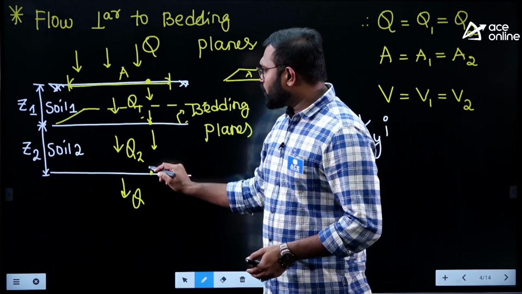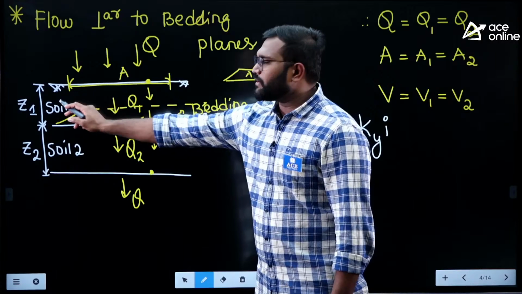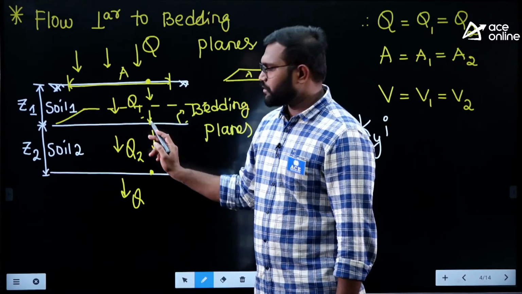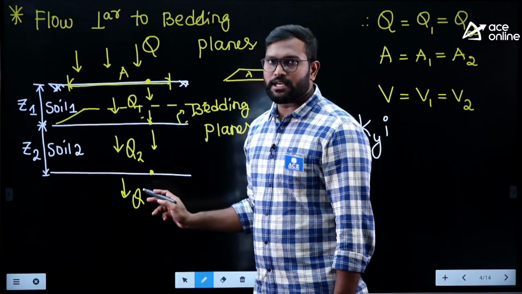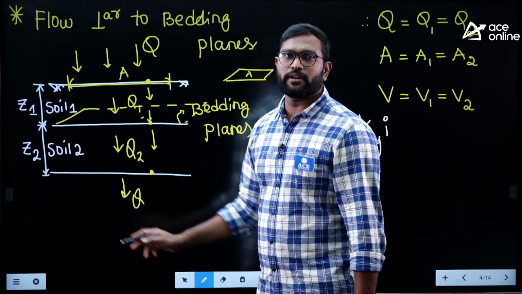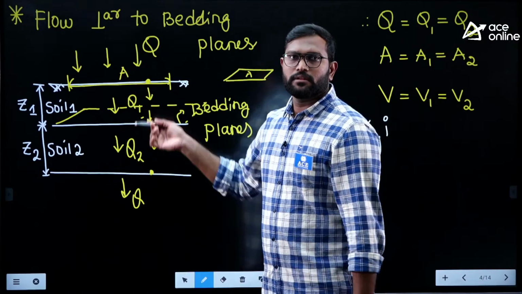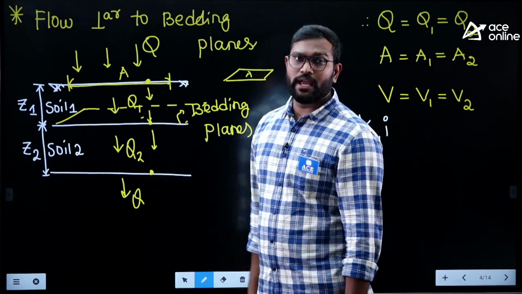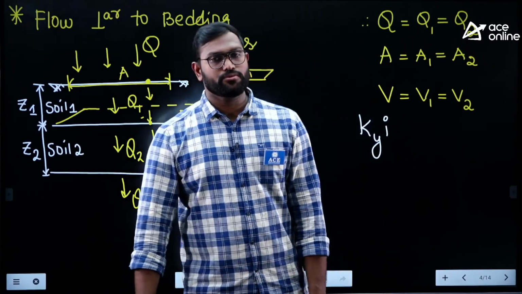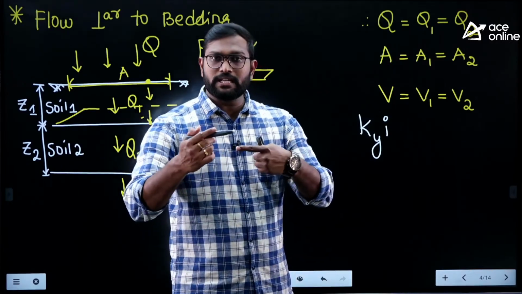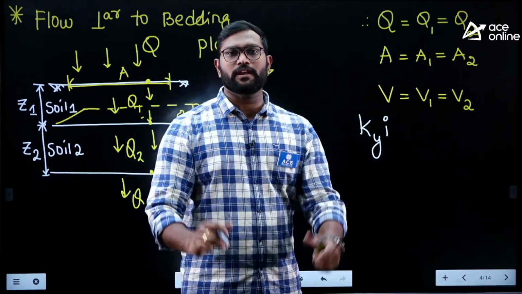So from this point to this point, the distance you travel is Z1, head loss is H1. Here Z2, head loss is H2. What is the total length you travel? Z1 plus Z2. What is the total head you lost? In Z1, H1; in Z2, H2. H1 plus H2. So as Z is different, H is different, and the i value is also different, right?